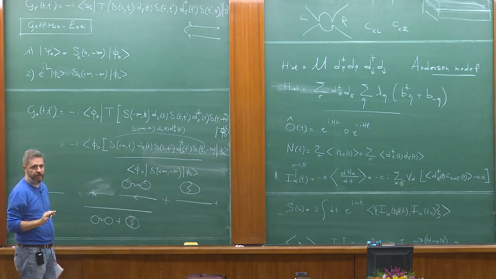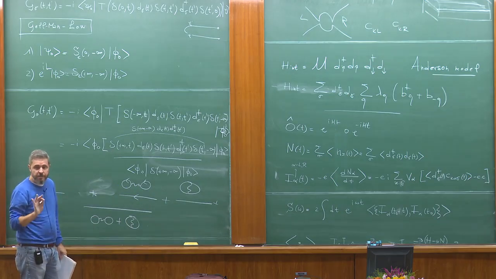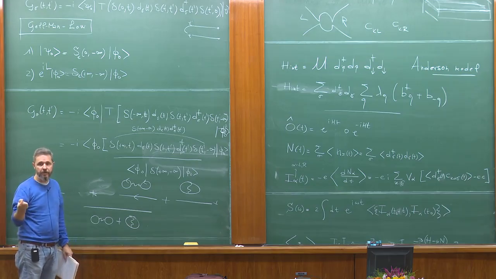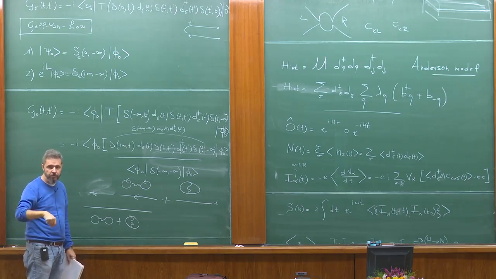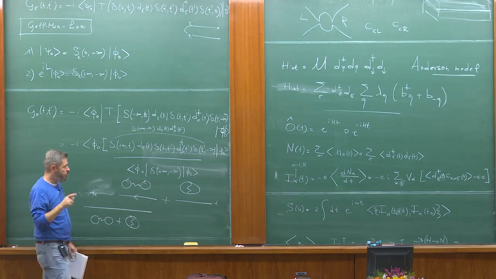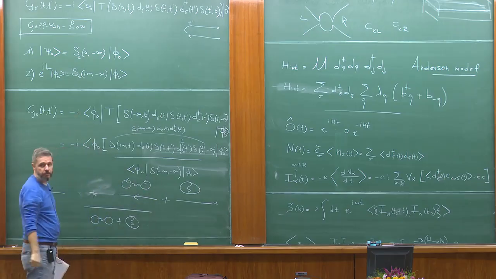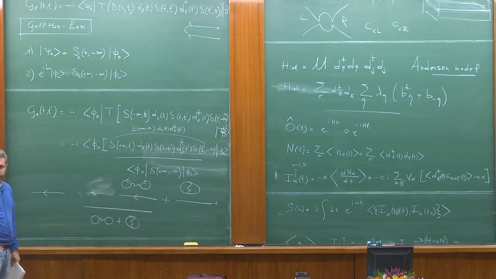And then I can forget about them. So it's a major simplification. You can expand your Green function and forget about the disconnected diagrams. The only ones that will contribute are the connected ones. Why? Because of the Gell-Mann and Low conjecture. Clear? I hope it's clear to everybody.